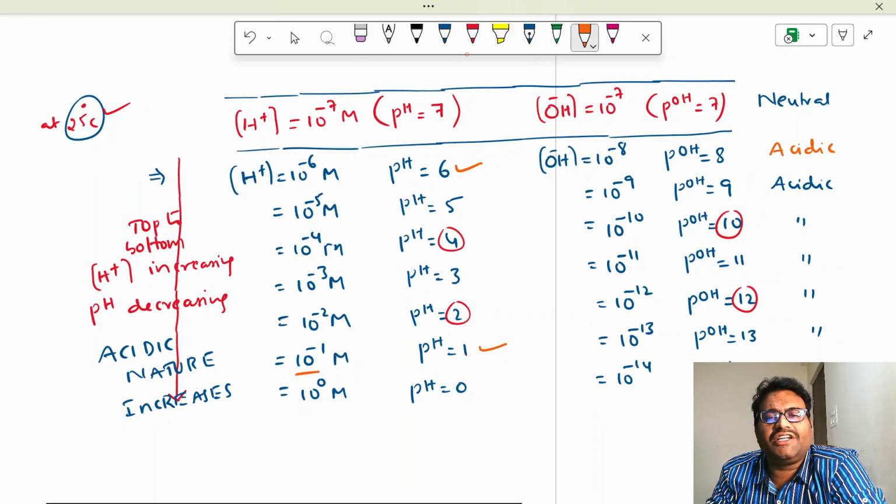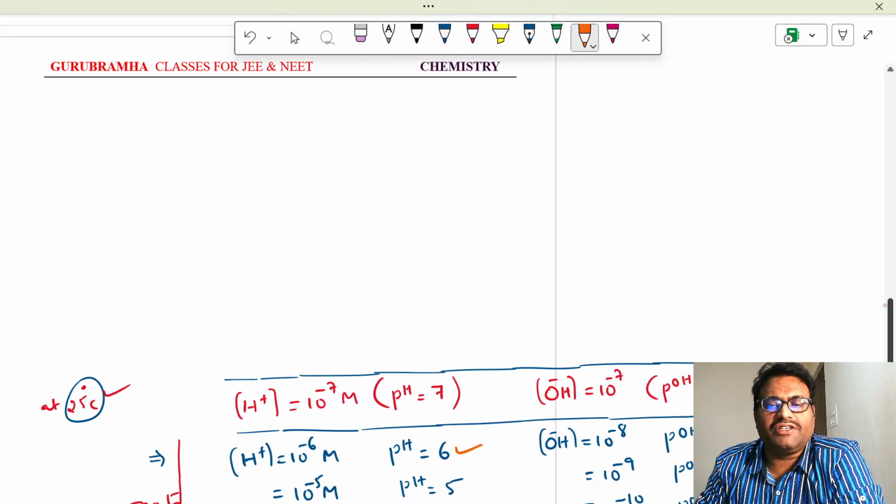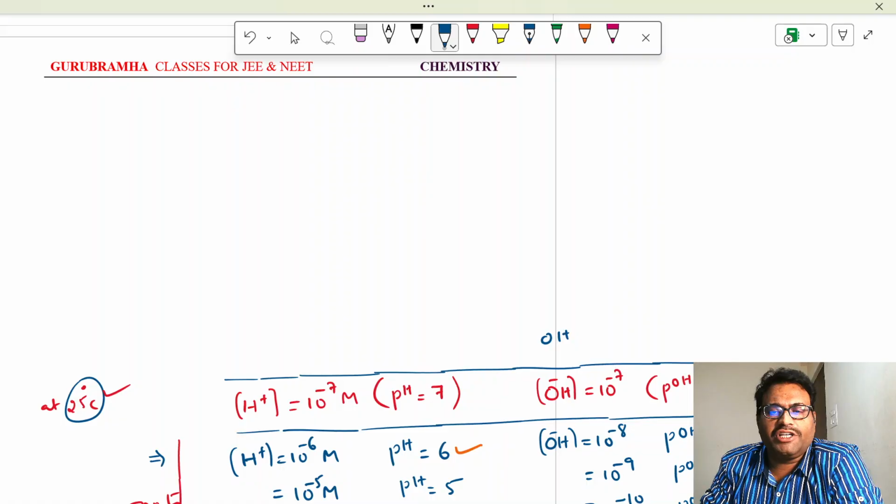That can also be asked in terms of pOH. So let us see that. Now let us take OH minus ion concentration equal to 10 power minus 6.